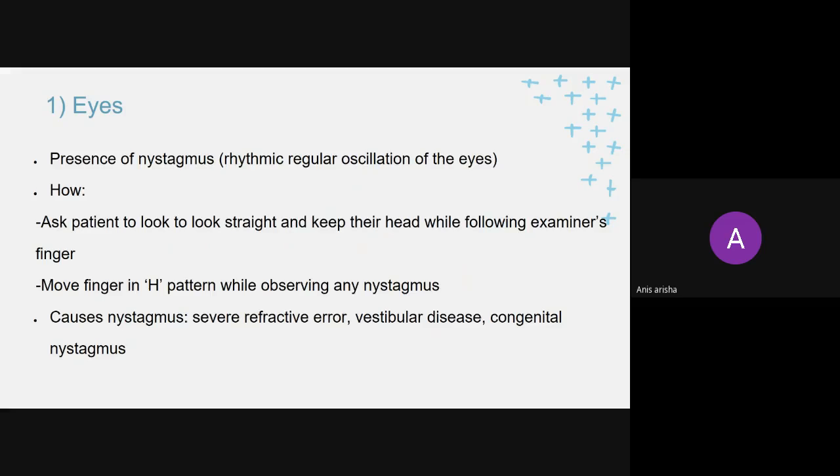We ask the patient to look straight at us and keep their head still while following the examiner's finger, and then we move the finger in an H pattern while the examiner observes for any nystagmus. The causes of nystagmus other than cerebellar disease can be severe refractive error, vestibular disease, and congenital nystagmus.